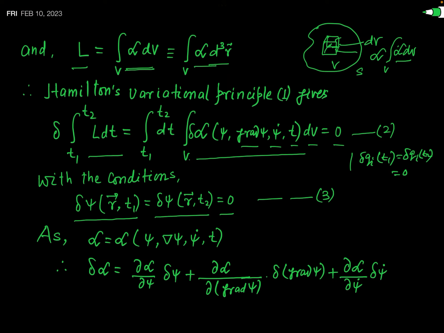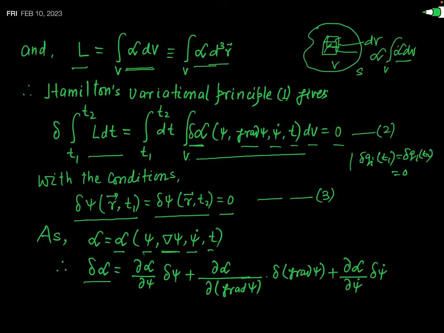Now, as you know, this Lagrangian density L is a function of psi, grad psi, that is, the gradient of psi, psi dot, and t. So from here you can easily find delta L, as in equation number 2 where delta L is present.